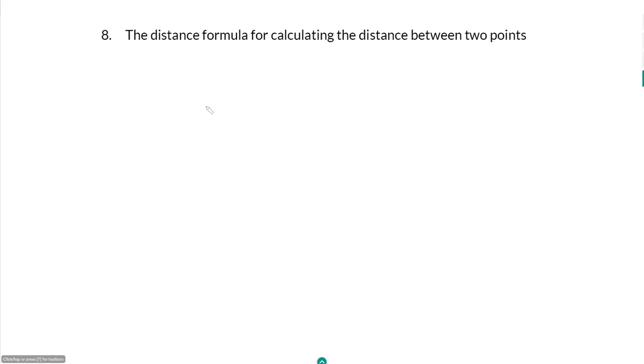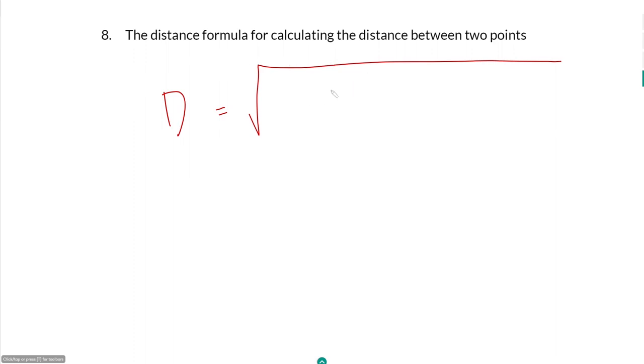The distance formula for calculating the distance between 2 points. The distance formula is really just the Pythagorean theorem, but modified for the coordinate plane. Pythagorean theorem is a squared plus b squared is equal to c squared. Well, in this case, you just have to find your a and b values by finding the x and y distances between your 2 points.